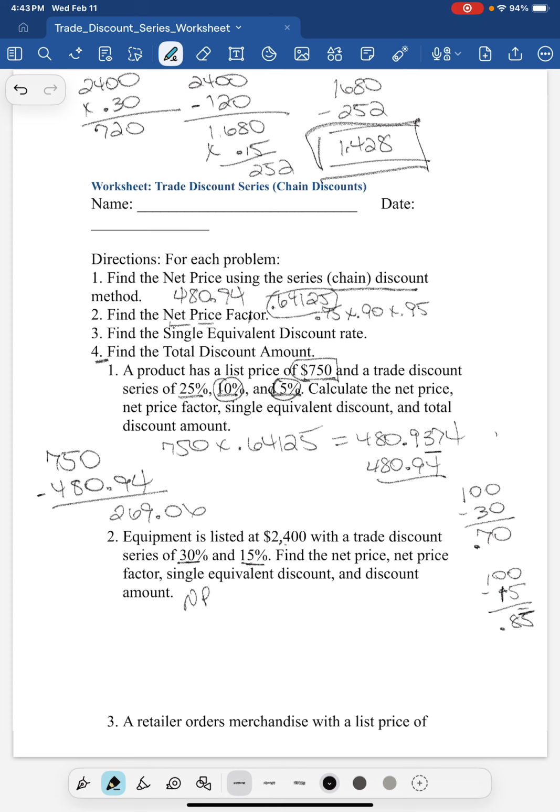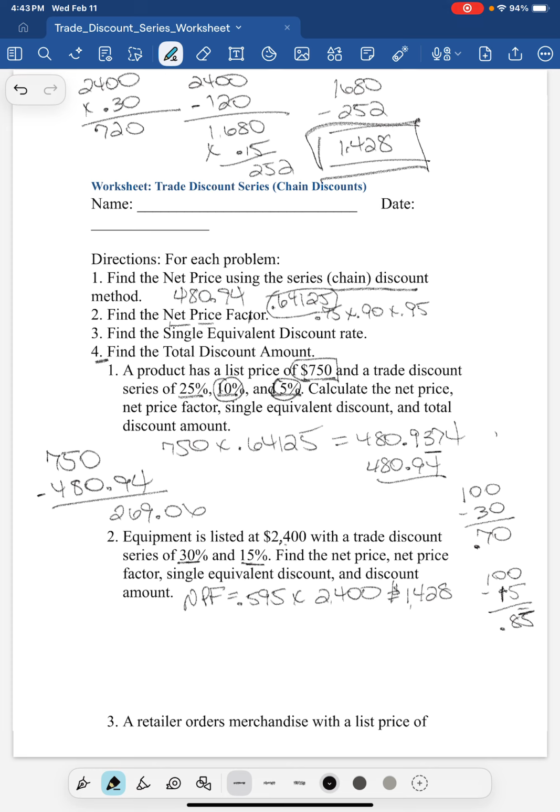We have an NPF equaling 0.595. And if we multiply that times our beginning price, we get $1,428. So we have arrived at our correct price coming from it both ways.